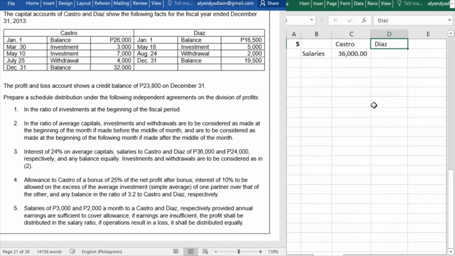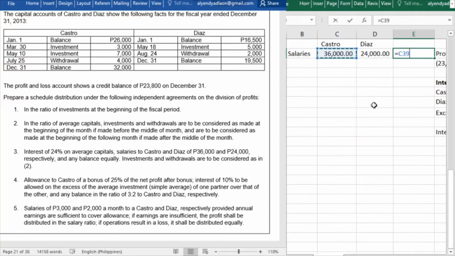While for Diaz, that is 2,000 multiplied by 12, so that is now 24,000. So if you're gonna add the two, that is 60,000.